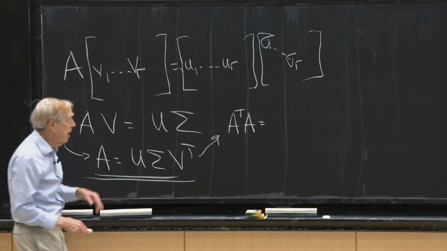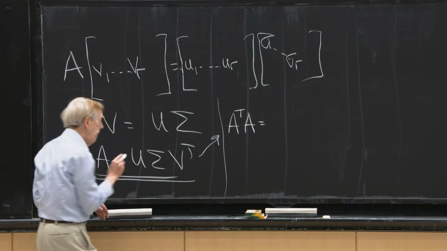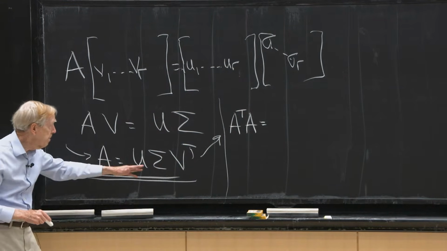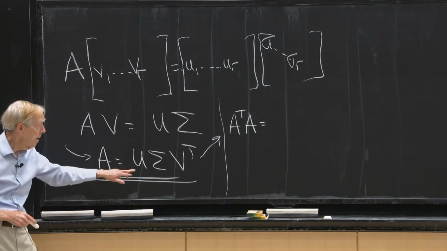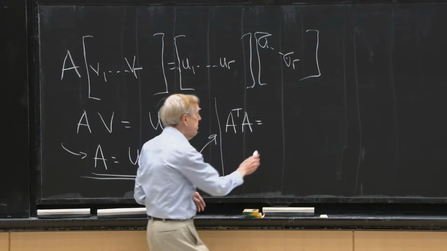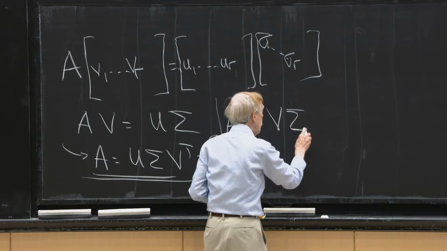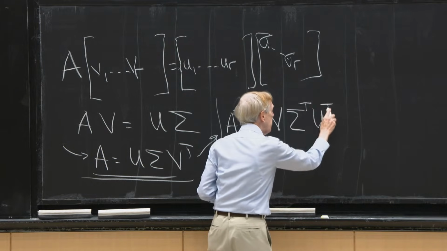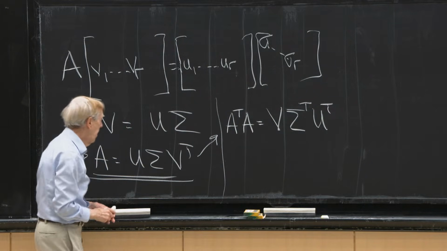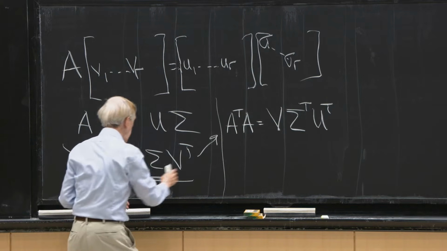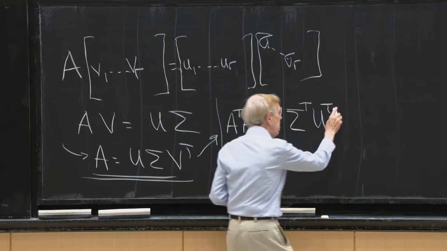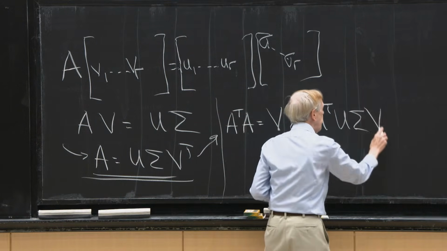If I form A transpose A, I've got to transpose this guy. So A transpose is V sigma transpose U transpose, right? And then comes A, which is this, U sigma V transpose.